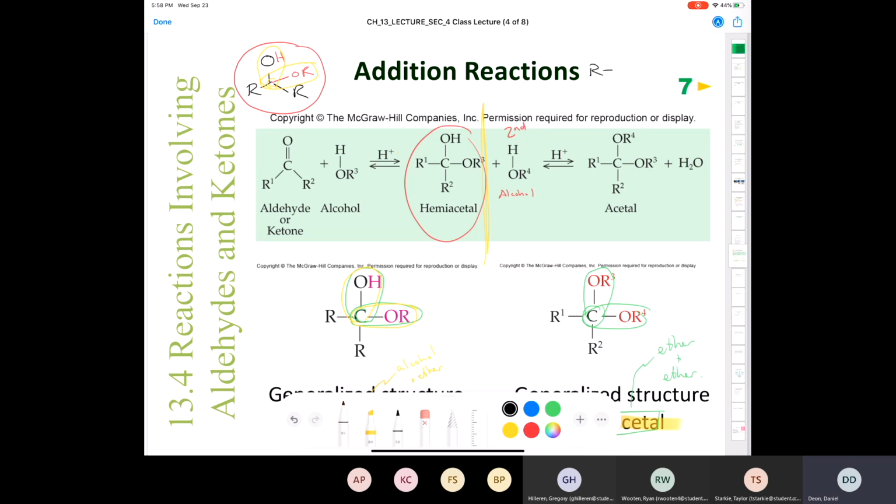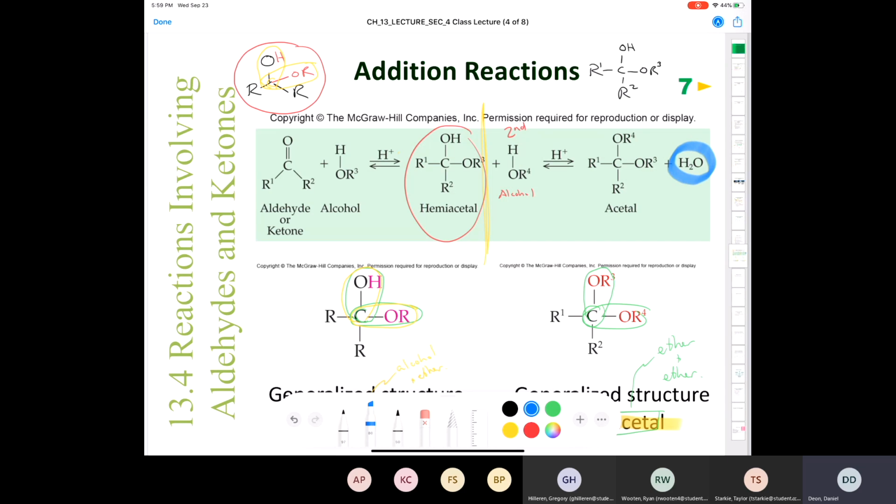I'm going to start by drawing out the hemiacetal the exact same way that they have it, OR. What do they have? OR3. Doesn't matter. What you have to remember is that in the second step, what's very different is that you end up producing this little molecule here that we call water. Where does the water come from?